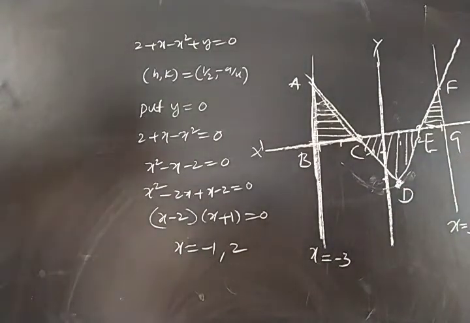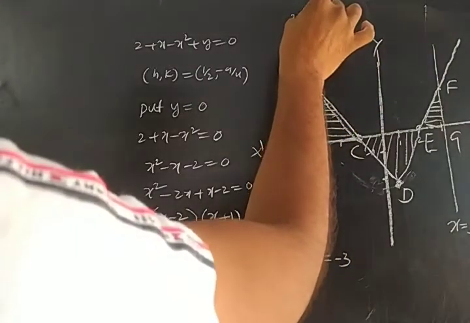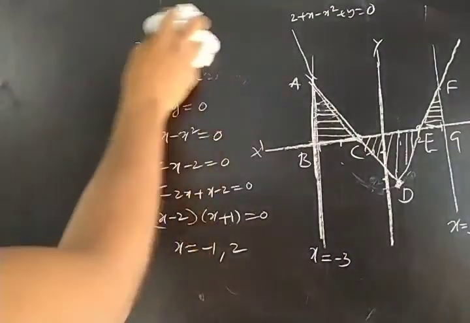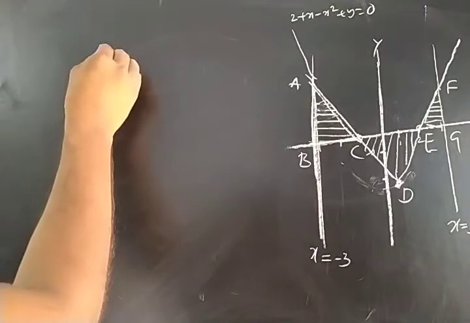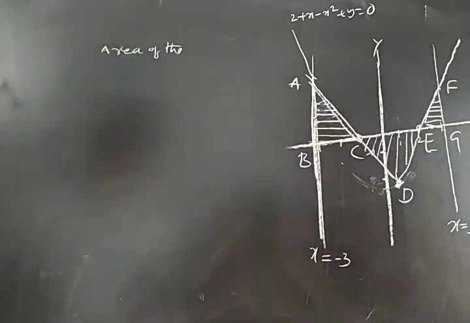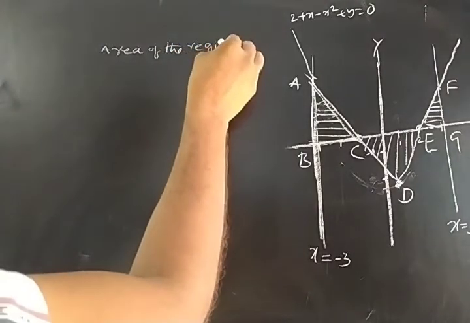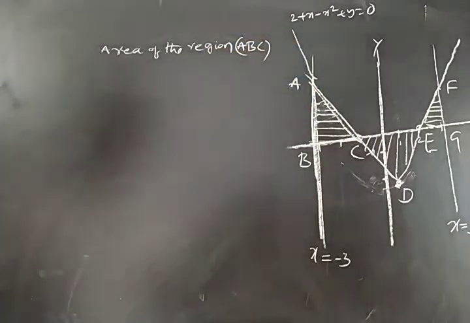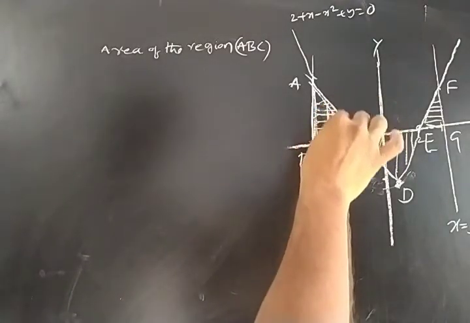Okay. Now I will write the curve here. This curve is 2 plus x minus x square plus y equal to 0. Now I am going to find the area of the region ABC. To find the area of the region, I am taking a vertical strip.